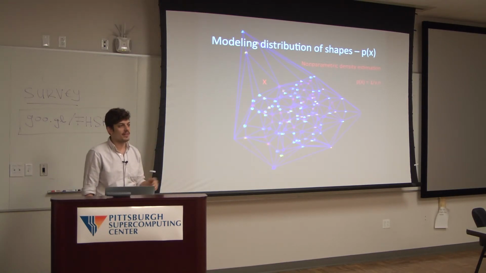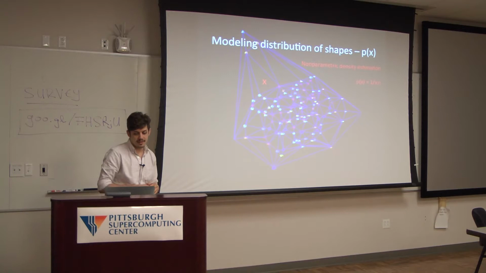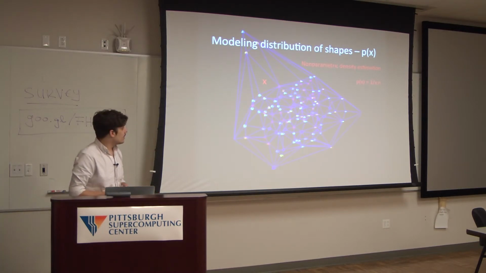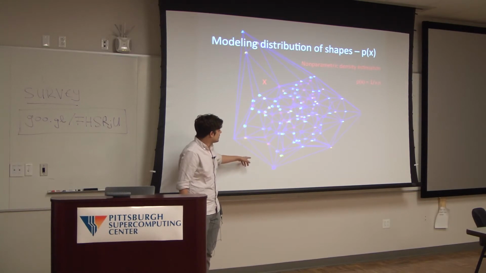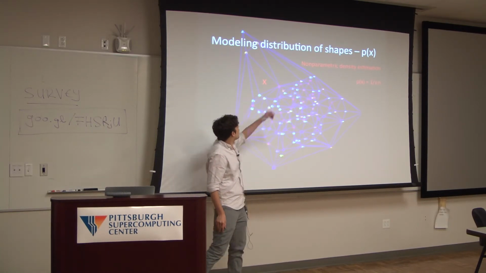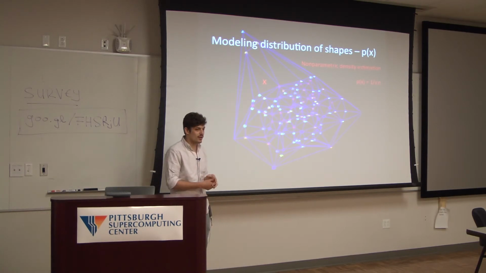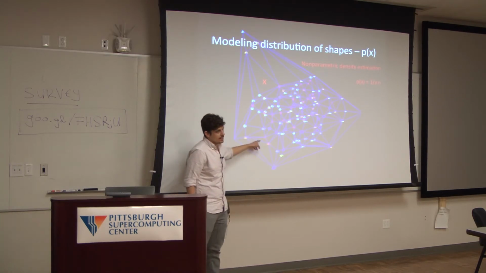But of course, this method works equally well in spaces of arbitrary dimensionality. And you can see here this triangulation forms a convex hull within which we can sample any cell shape.